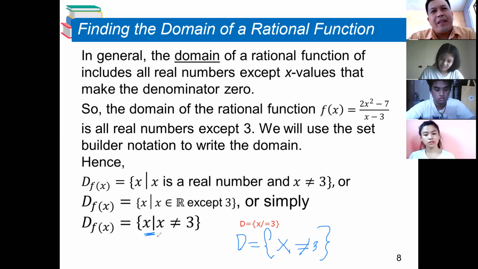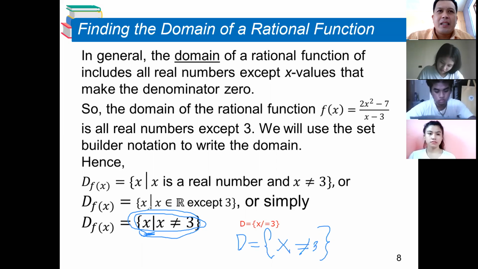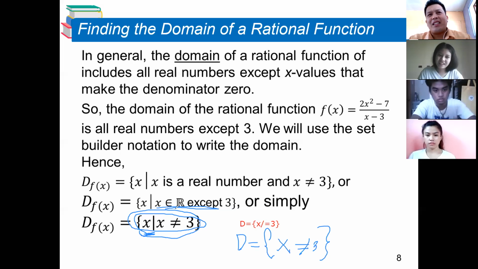This is the meaning of this expression. All real numbers are the values of x except for 3. We just had to eliminate the other words to make use of the spare time to answer the next items, perhaps if there are a lot of things that you need to check or to answer.